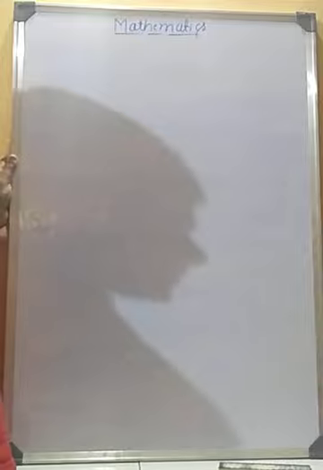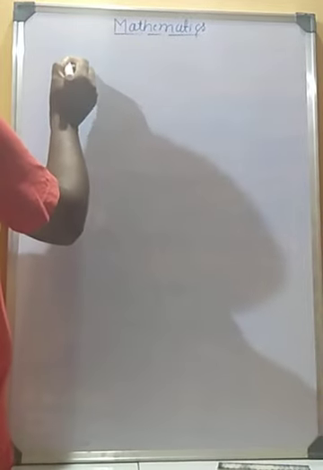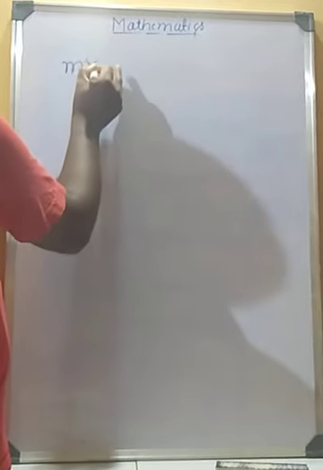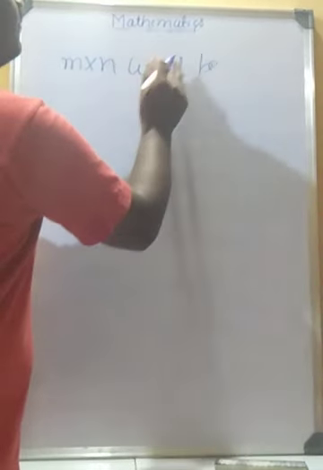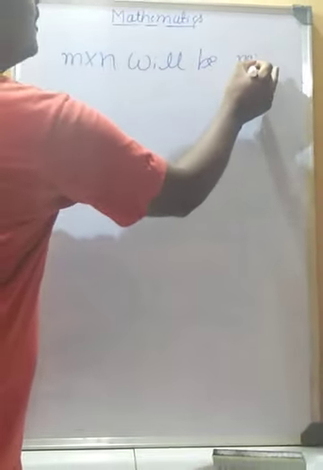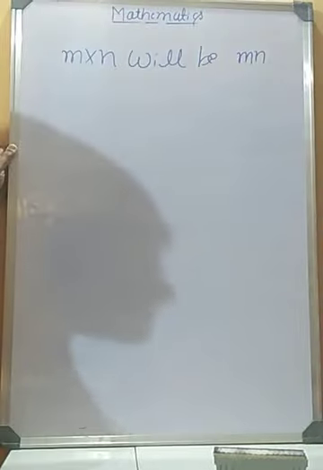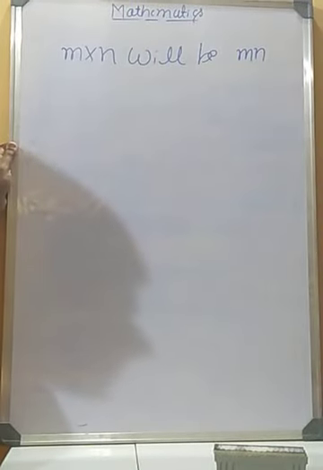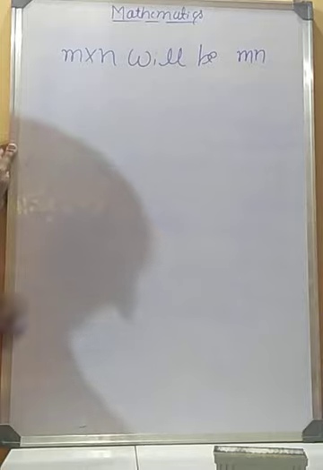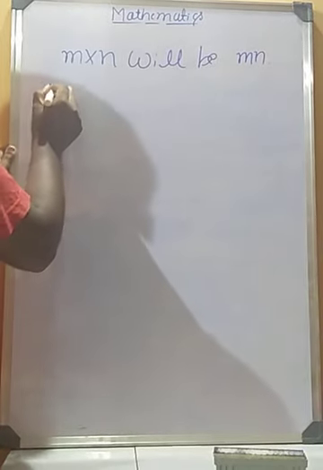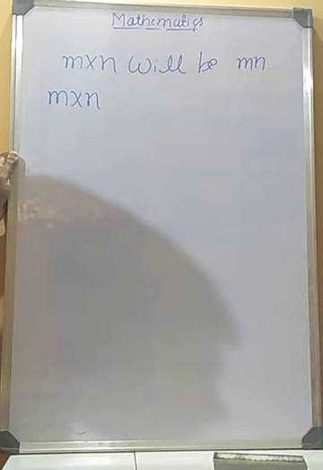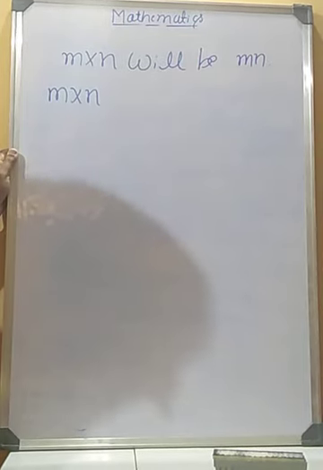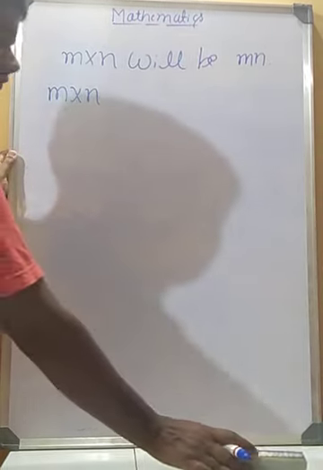In general, a matrix of order m cross n will have mn elements. Again, in general, an m cross n matrix can be arranged in the following ways.